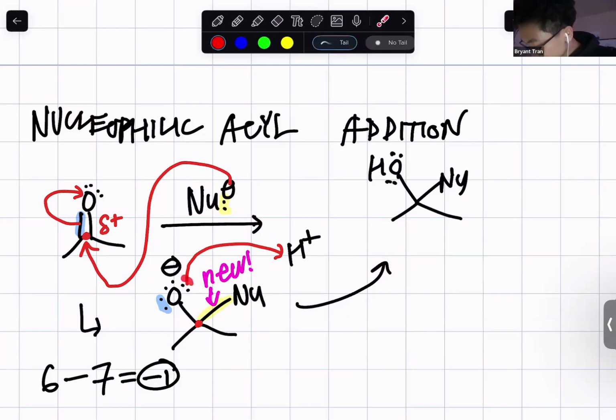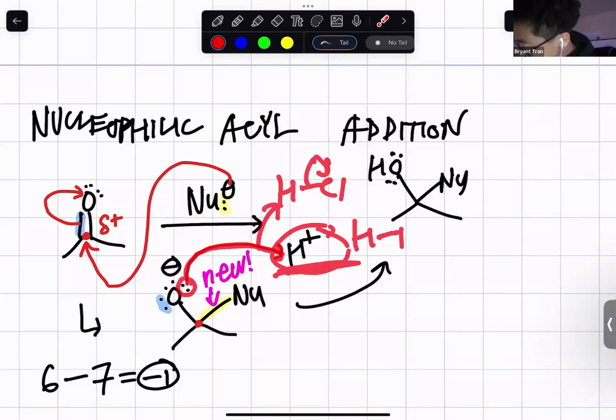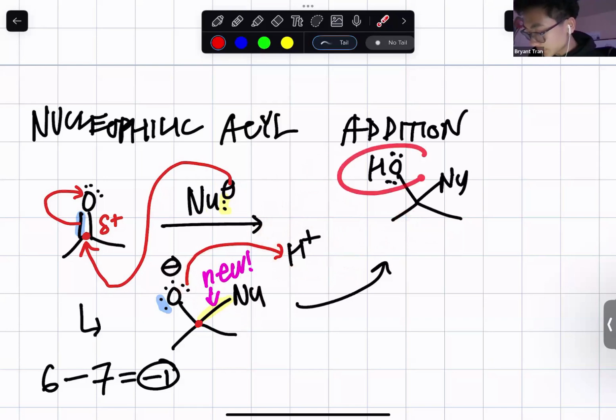This O minus here is going to use one of its pairs of electrons to make a bond with this hydrogen right here, that proton source, right? And I'm making it vague here because it's going to depend on what she gives you on the arrow. If she gives you HCl, then it would be attack that hydrogen, kick out the Cl. If she gives you H2SO4, it's going to be attack that hydrogen, kick out the HSO4 minus, right? Which gives us this neutral alcohol now.